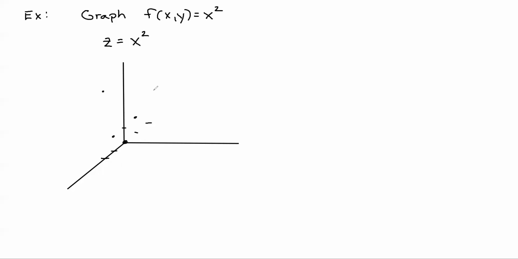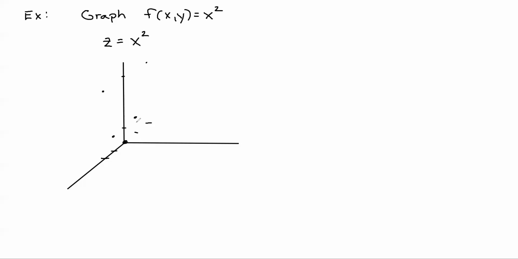I don't know, we'll say something like that. And then -2, you'll get 4 as well. And you want to try and go up about the same amount. The way you can tell you've gone up about the same amount is that if you drew a line through these two points, it would be parallel to the x-axis. That's how you can tell that you've done it right. Somewhere right between the two would be where 4 is.